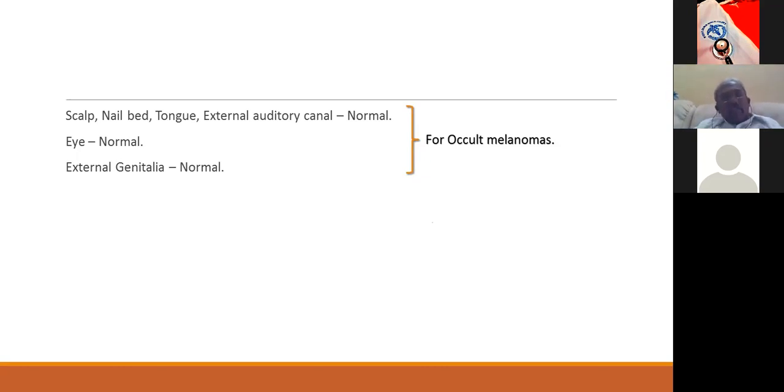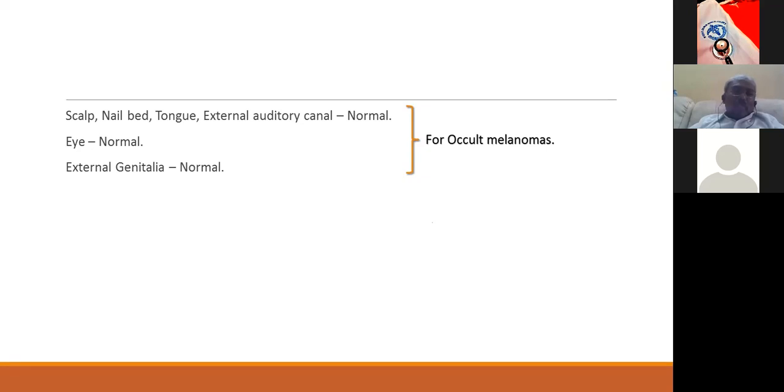The first common is anorectal, next is esophageal, then the remaining melanomas are unusual, but they can occur. Then you come down to the genitals, where you can have mucosal melanomas. When you do an oral examination, you can have any mucosal membrane melanomas. And in women, genital melanomas are also a potential possibility.